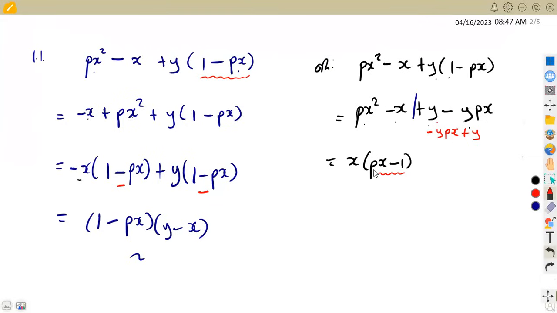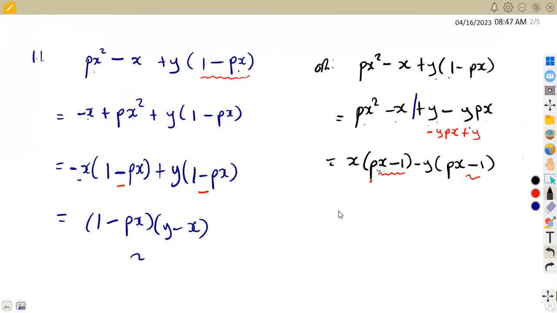What we need in this case is to have px, because our first bracket here starts with px, so that we can have px on the first part. So we are going to factor out minus y so that this can be a positive, since px here is a positive. So minus y and minus y will cancel, and we remain with a positive px. Y divided by minus y is going to give us a negative 1. So as you can see, this bracket and this bracket are the same.